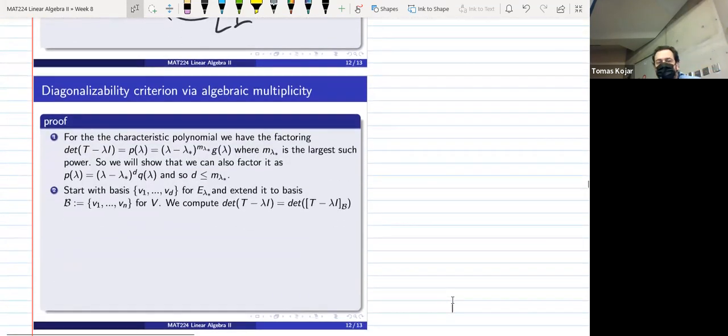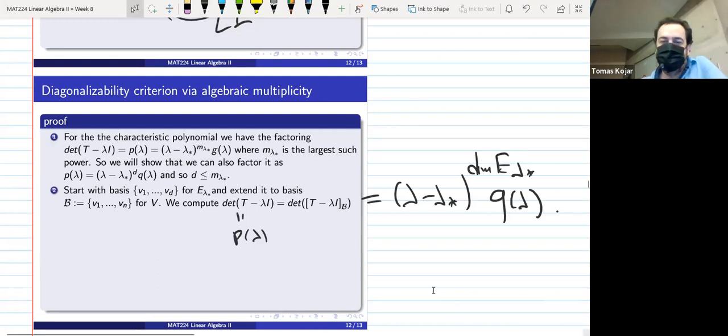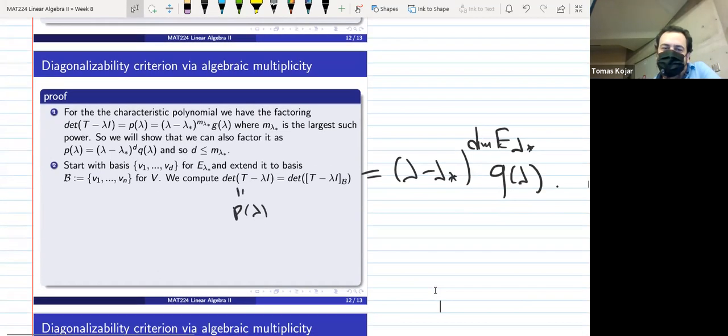Okay, so let's do this. We have to compute the characteristic polynomial. This is the characteristic polynomial, and I will prove that this is equal to minus lambda minus lambda star to the dimension of the space times some polynomial. I know the proof will be technical, but let's take a breath, because we will see this again in 2 weeks.